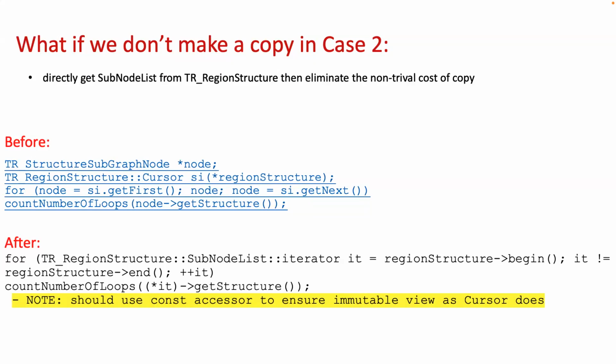We want to check the value of the underlying elements, and to avoid accidental modification of any elements of that subnode list, we create the cursor. However, what if we directly access those elements inside the subnode list, and if we are sure we don't modify them, then functionally it looks the same to me.